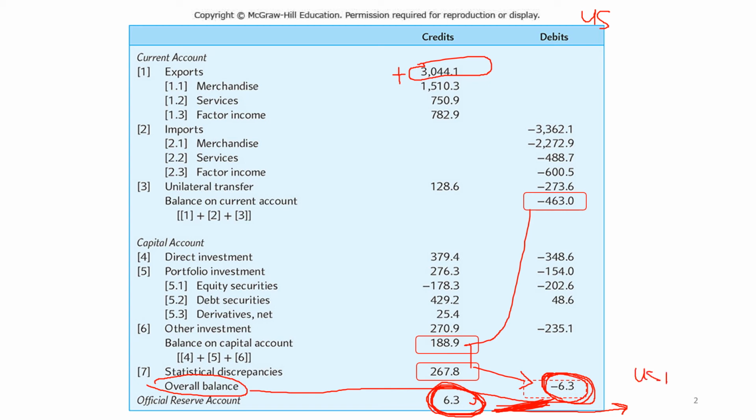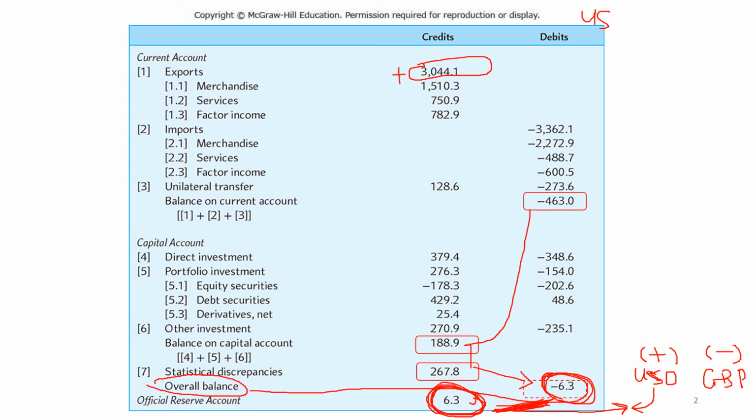So for example, in this case, if the US central bank decides to sell their pound holdings, as they exchange their pounds for USD, they will have a cash outflow in pounds, but at the same time, they will have a cash inflow in USD, right?